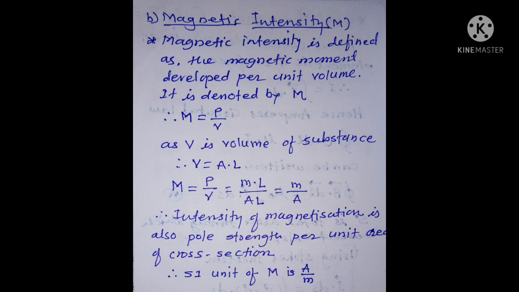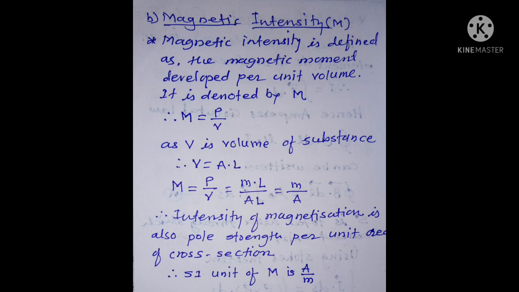A block of ferromagnetic substance placed in uniform magnetic field produced magnetic moment, resultant magnetic moment P. Therefore the magnetic intensity and magnetization is denoted by capital M.